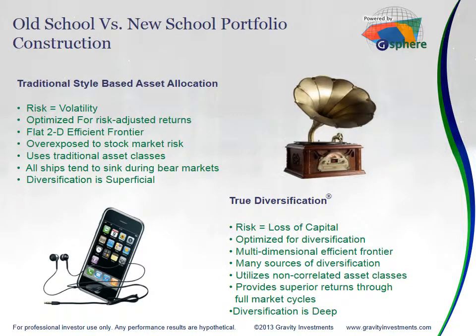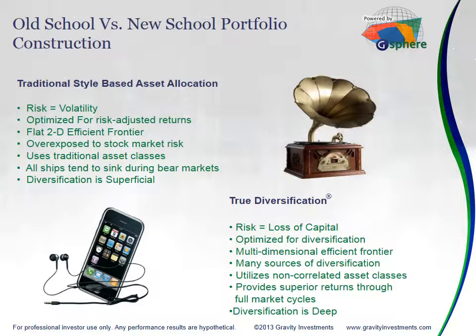So when we look at diversification optimization as really a next generation technology, comparing some of the contrasting elements of the paradigm, we have risk, and its definition is quite different.